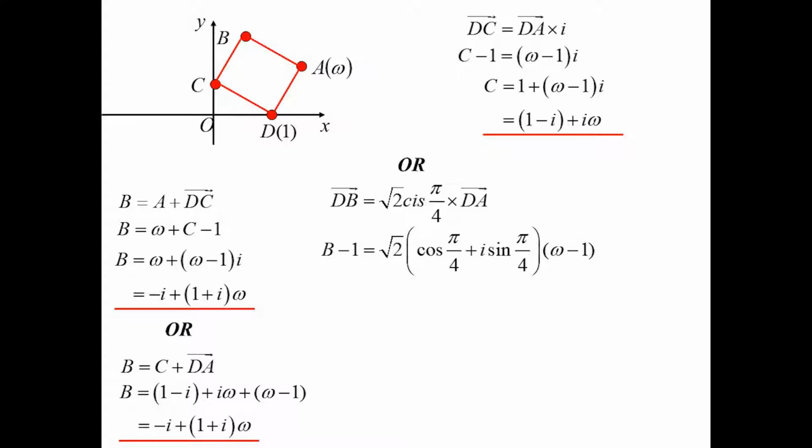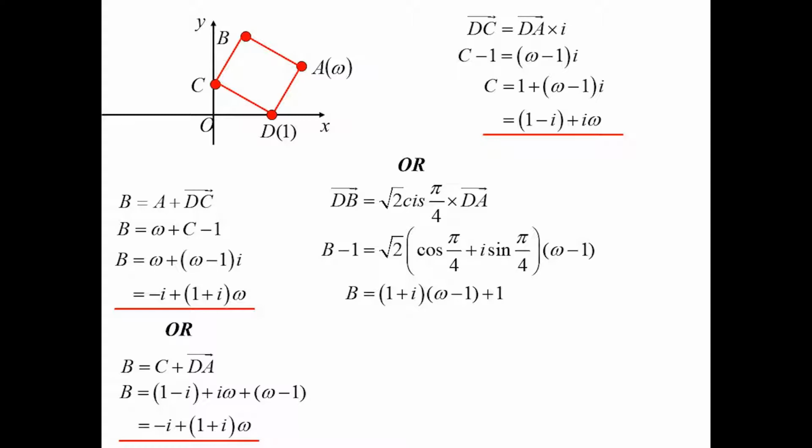Well, the vector DB will be head minus tail, so it's B minus 1. Root 2 cis pi on 4, well, I'll expand that out so I know exactly what I'm looking at there. So cos pi on 4 plus i sine pi on 4. And that will be times DA. And again, that'll be head minus tail. So that's W minus 1. Okay, I'll move the 1 to the other side.